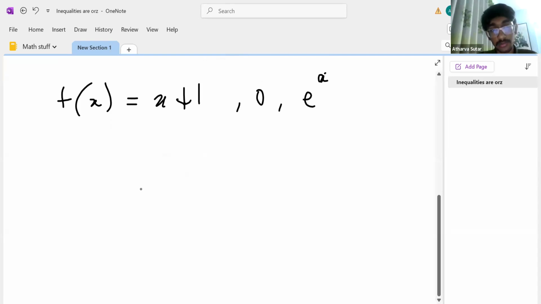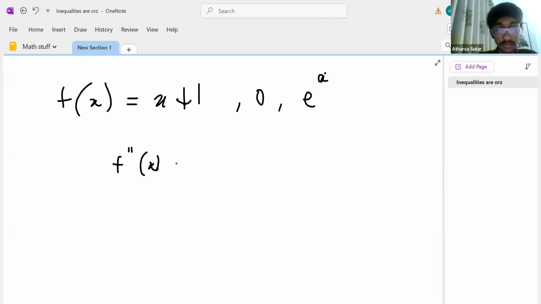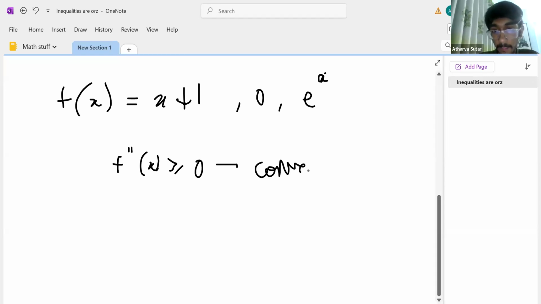Okay. So we basically take the double differentiation of f of x, which would be denoted by f double dash x. And we say that the function is convex if this is greater than or equal to 0. And if this is less than or equal to 0, we take the function as concave.